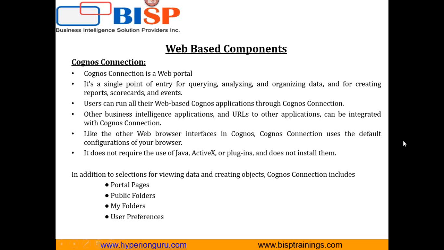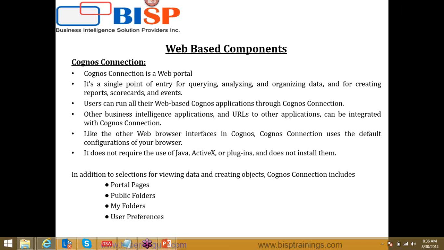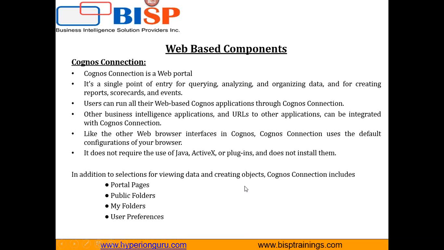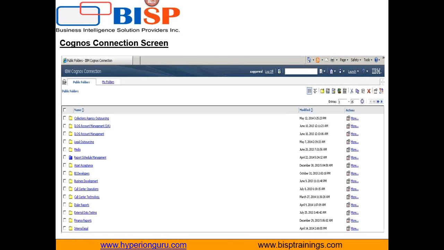Whatever we have talked about, where all these studios reside, and where all these public folders, my folders, and user preferences are, I will show you in brief. So here's a screen of Cognos where you can see the login ID, with which user you are logged in.